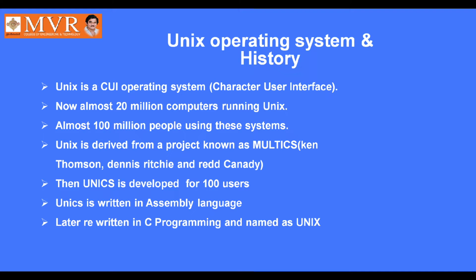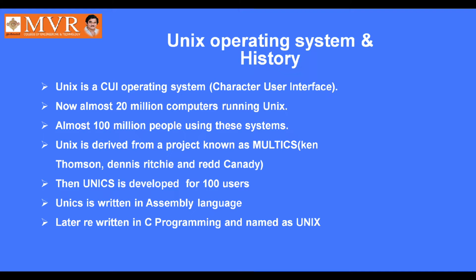So what I mean to say is the Unix operating system can be compatible with any type of computer we are using nowadays. Approximately 20 million computers nowadays are running on Unix operating system, and these systems are used by more than 100 million people.